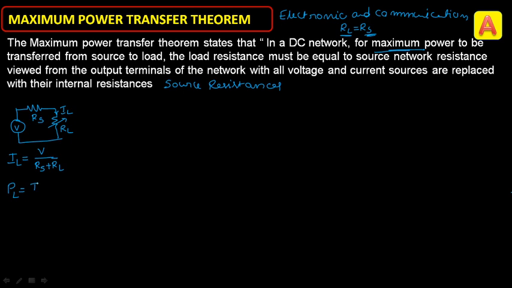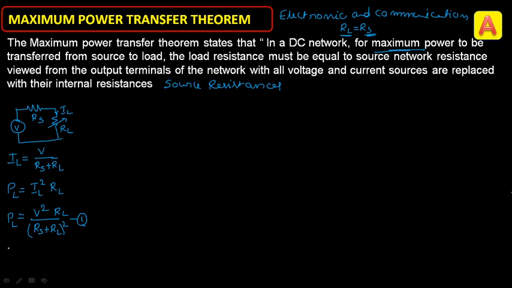Power demanded by the load: the power formula is I square into R. Here power demanded by the load is IL square into RL, which is equal to V square by (RS plus RL) whole square into RL. Let us call this equation 1.